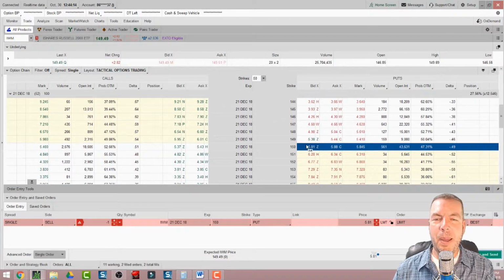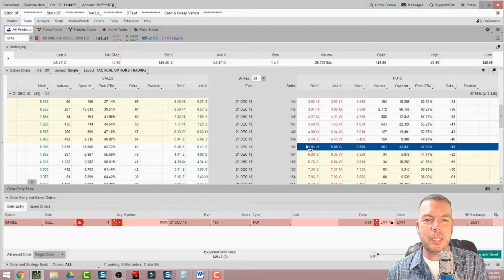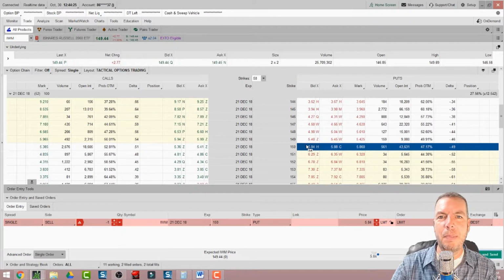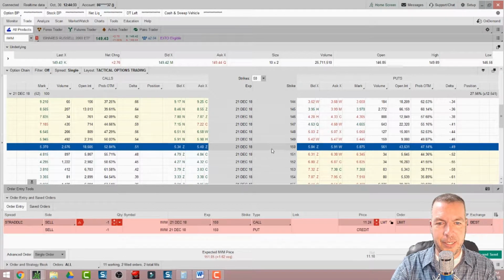And now remember, all we're doing is selling a put credit spread and a call credit spread at the same time. So what I like to do is pick my two sold strikes first, and you can do that by holding down the control key in thinkorswim. So we're going to come over here on the call side, hit the control key, and click the call side as well.